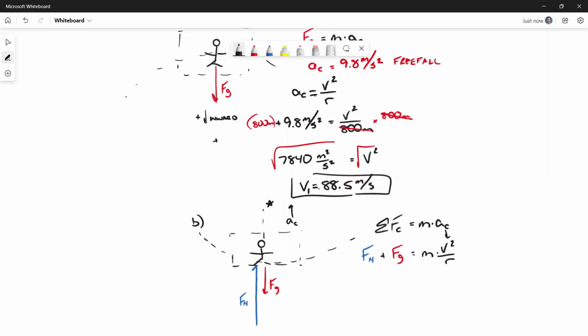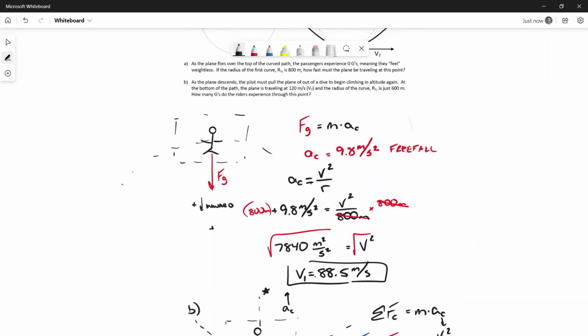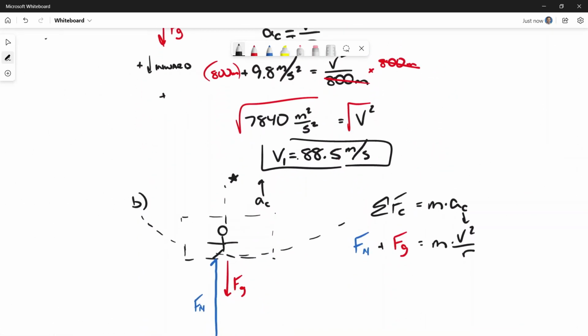And we ultimately want to know what is the ratio of the normal force and gravity. Well, let's continue to plug in some pieces here. We know that the radius is 600. We know the velocity, so we actually know the centripetal acceleration. Let's plug in some more things here. We know Fn is unknown.